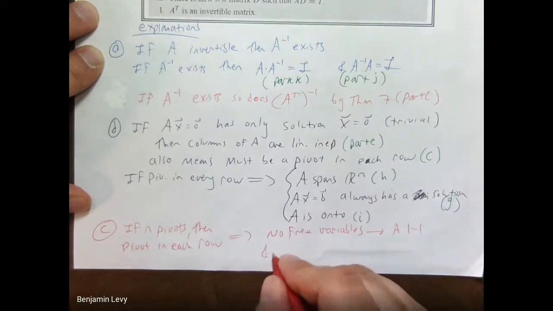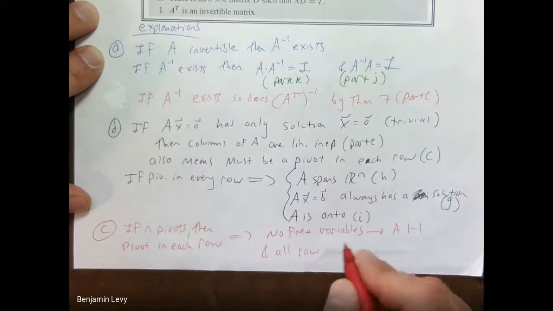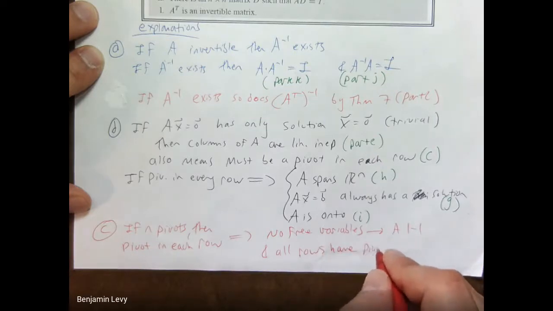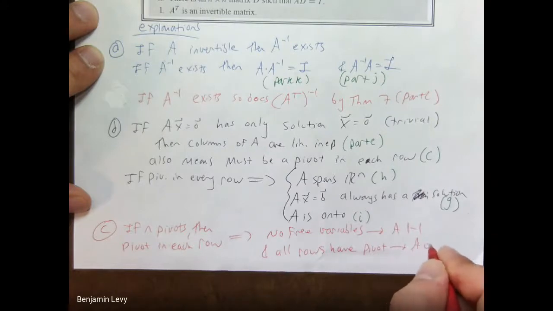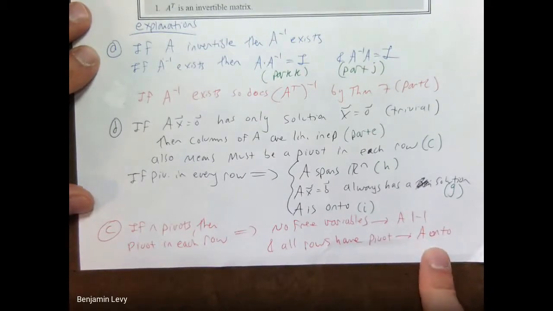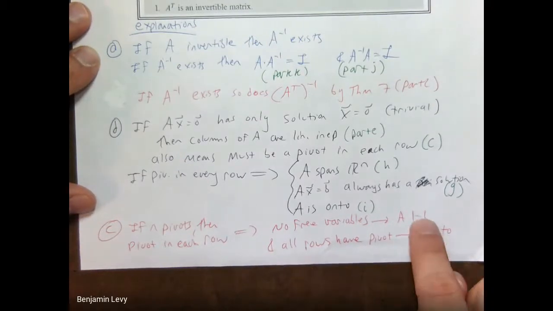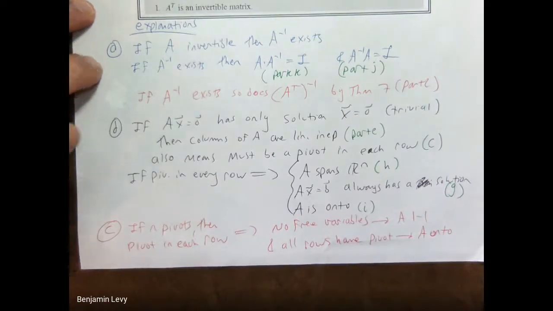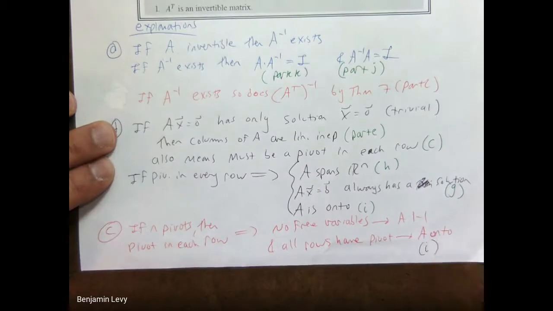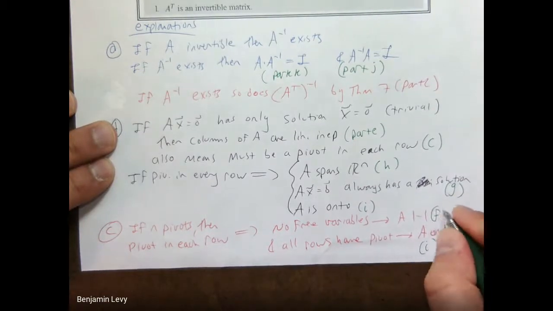It also means all rows have a pivot, which means A is onto. I know we already said that previously, but it's just another way to think about it. We thought about onto as a pivot in every row, and one to one as no free variables. So we get one to one and onto as well: onto is I, and one to one is F.